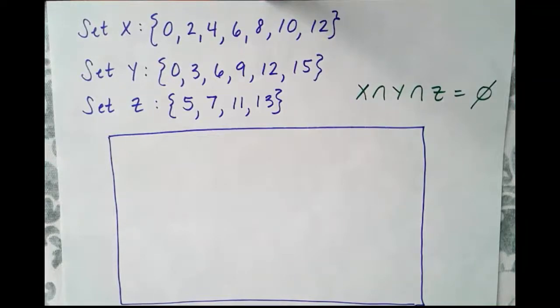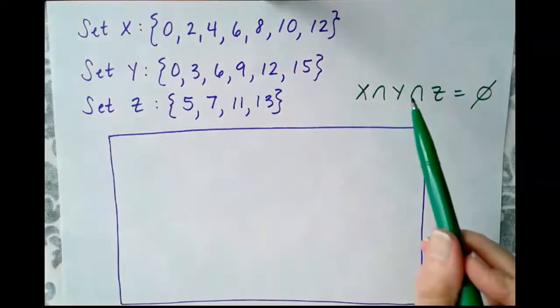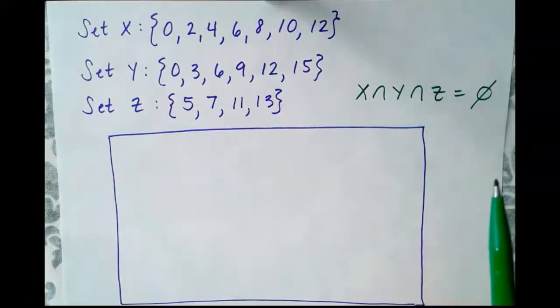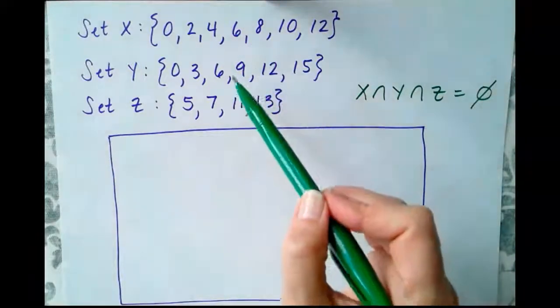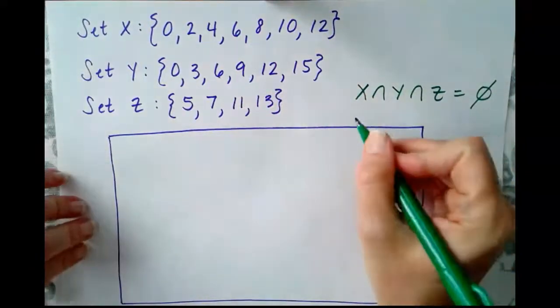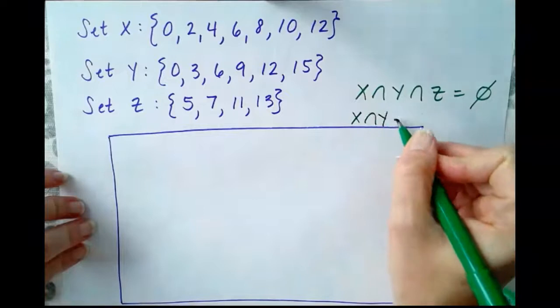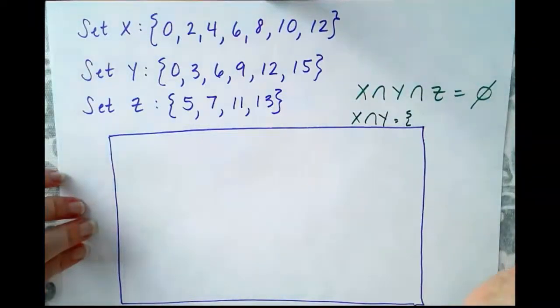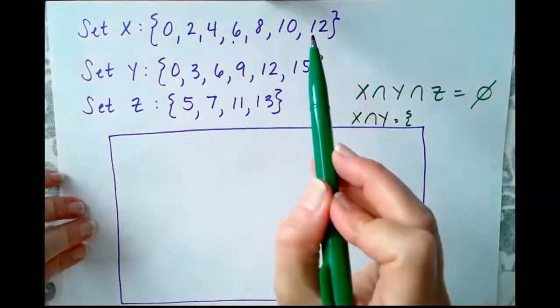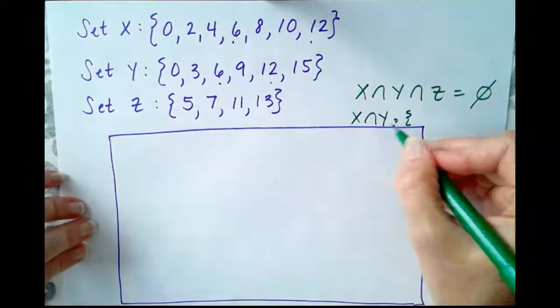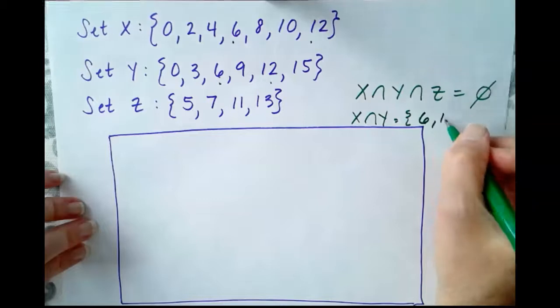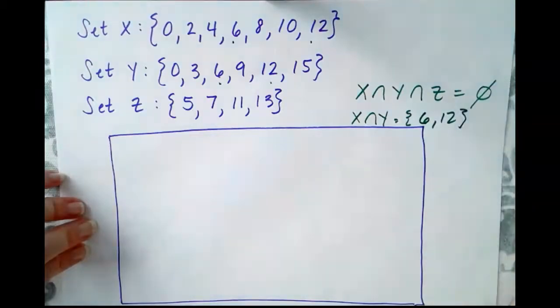Because there is not an element that all three sets have in common. But remember, there was an intersection of X and Y. So X intersect Y does have some elements in it. 6 and 12. So the intersection of X and Y is only 6 and 12.